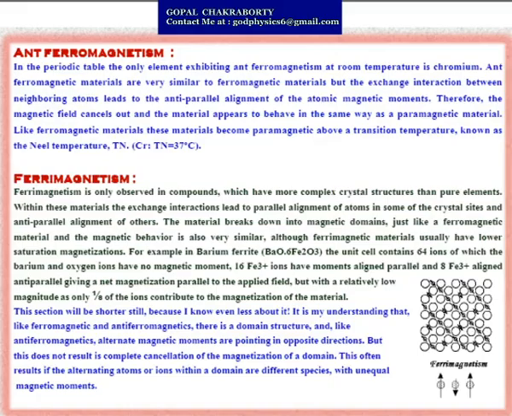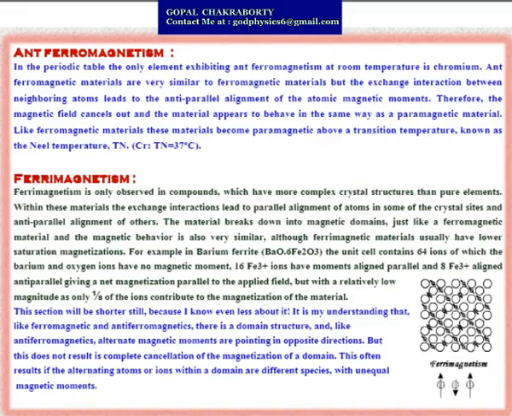Next one, ferrimagnetism. Ferrimagnetism is only observed in compounds which have more complex crystal structures than pure elements. Within these materials, the exchange interaction leads to parallel alignment of atoms in some of the crystal sites and anti-parallel alignment of others.